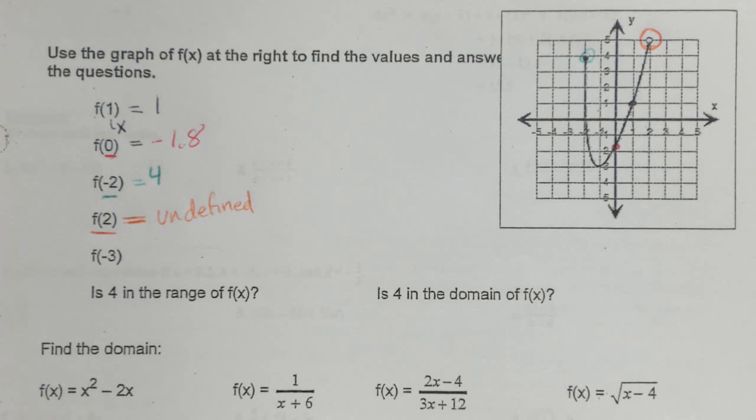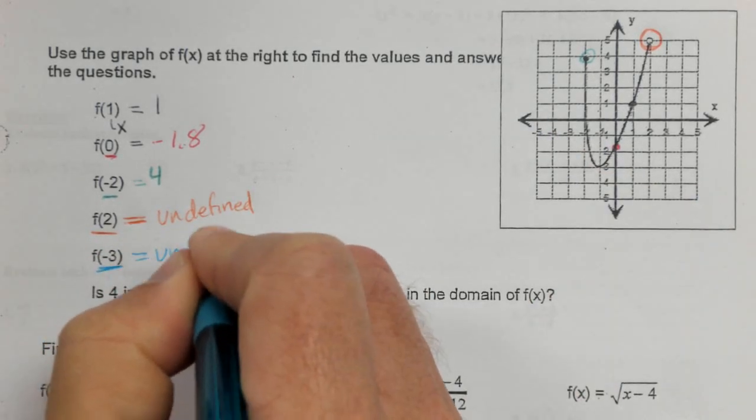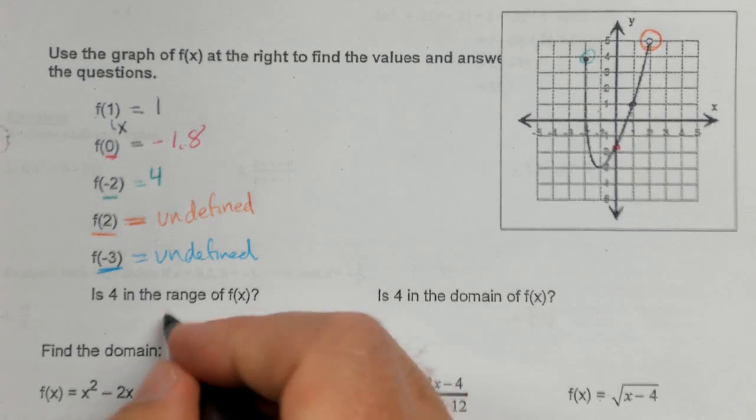And then lastly, f of -3. Definitely undefined. There's nothing over there at -3. Is 4 in the range of f of x?